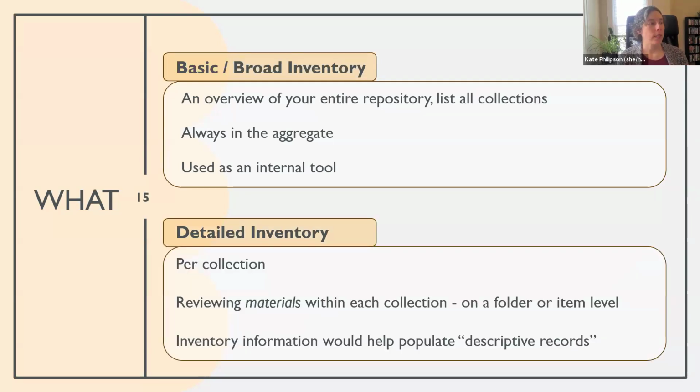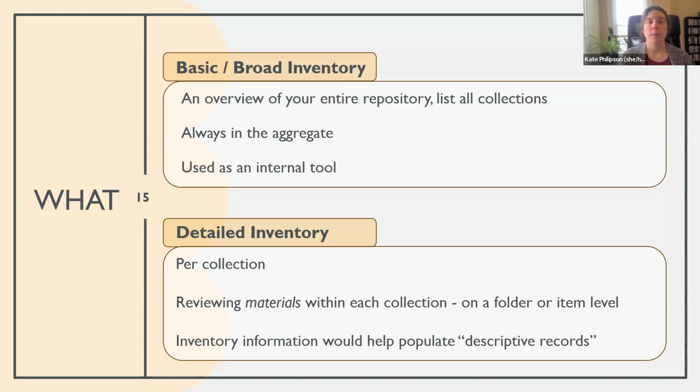And a more detailed inventory can also be done with any given collection. This is often conducted when a collection comes in, on acquisition or accession, detailing what materials are within each collection.